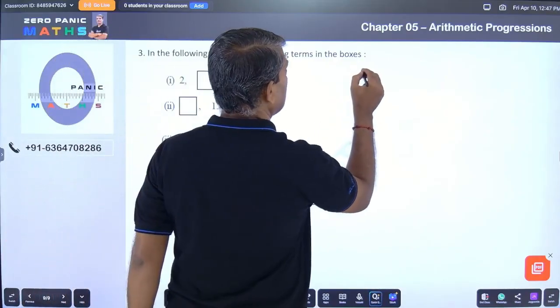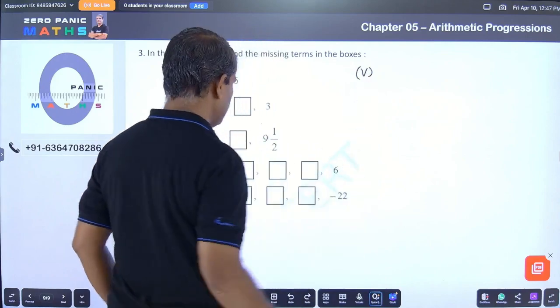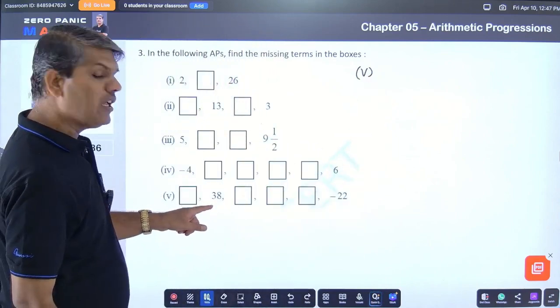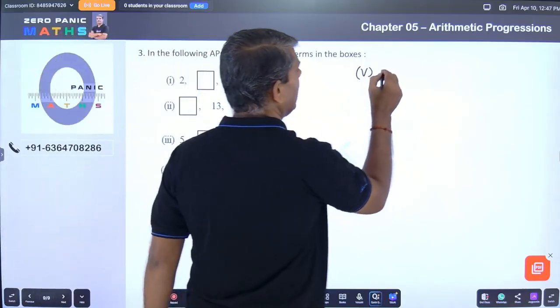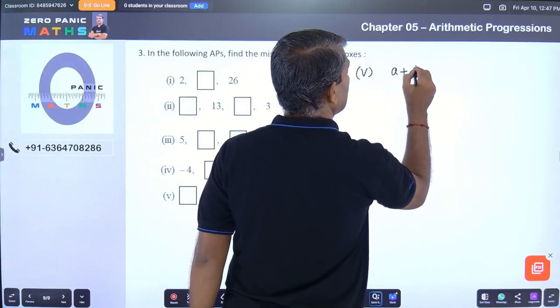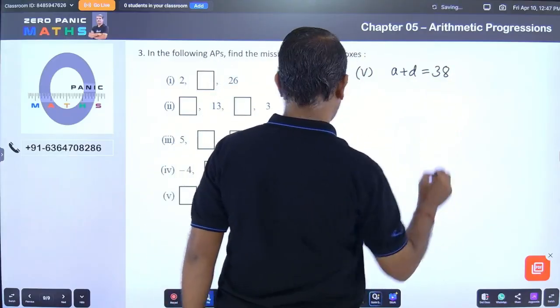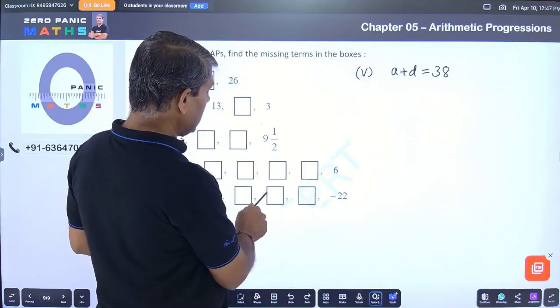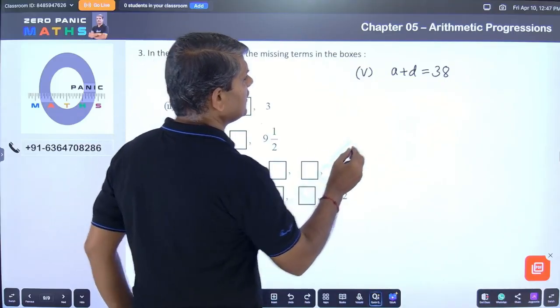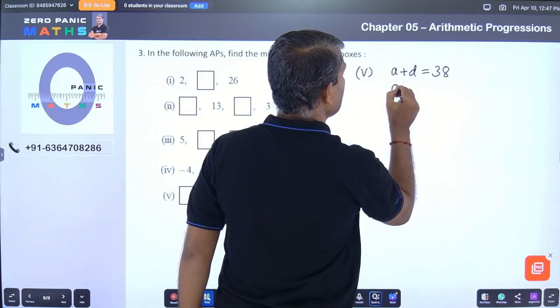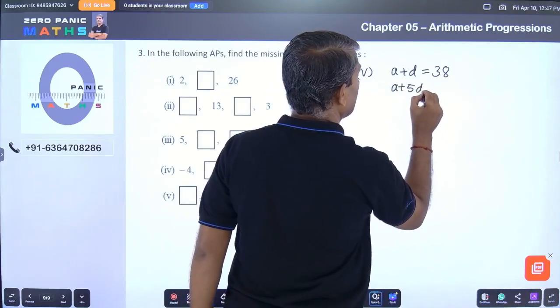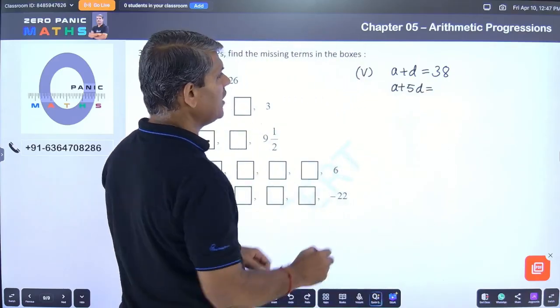What is given for the fifth problem? A plus D, which is A2, right? A plus D is equal to 38 they have given. It is A2, A3, A4, A5, A6. What is A6 then? A plus 5D, and A plus 5D is -22.